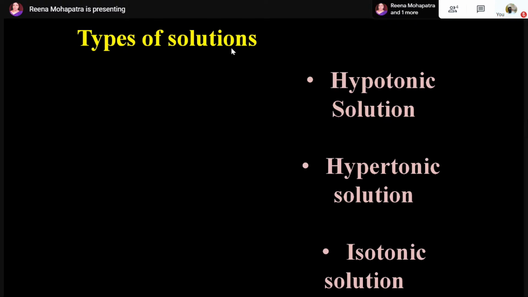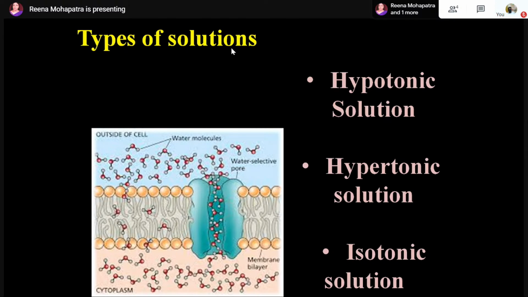Okay? So what is meant by hypo? Hypo means lower. Hyper is higher and iso means same. We have understood the terms tonic as well as hypo, hyper and iso. So now let's know what is meant by hypotonic, hypertonic and isotonic solution.